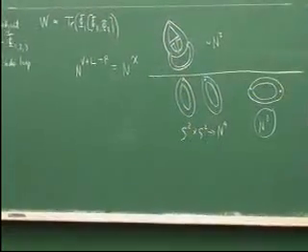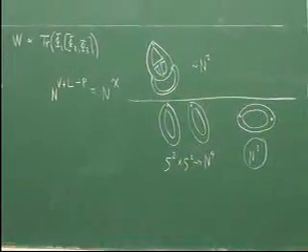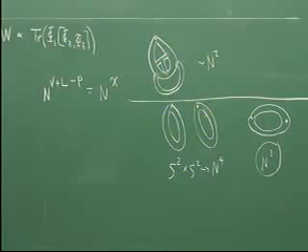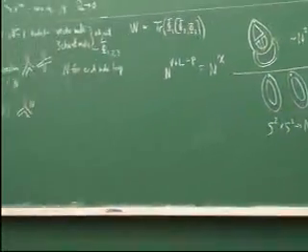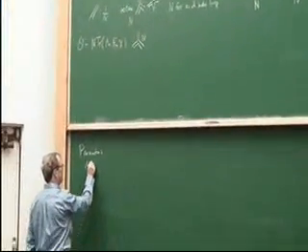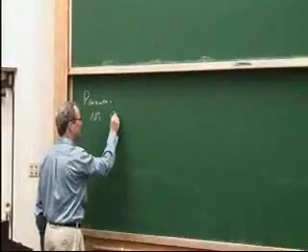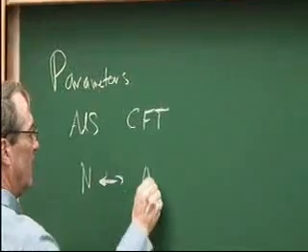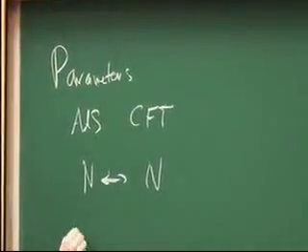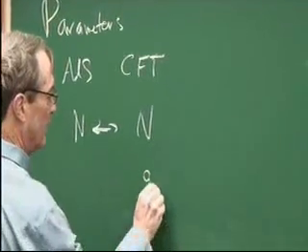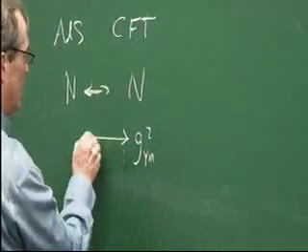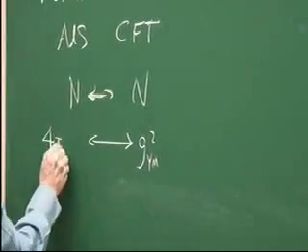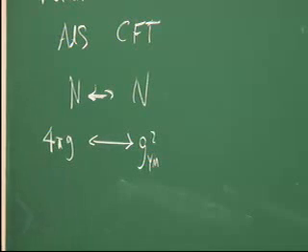Okay, so first parameters. We've already noticed, I think, earlier on that on the AdS side and the CFT side, we have N and N, and we have g_YM squared, and we have g_string.